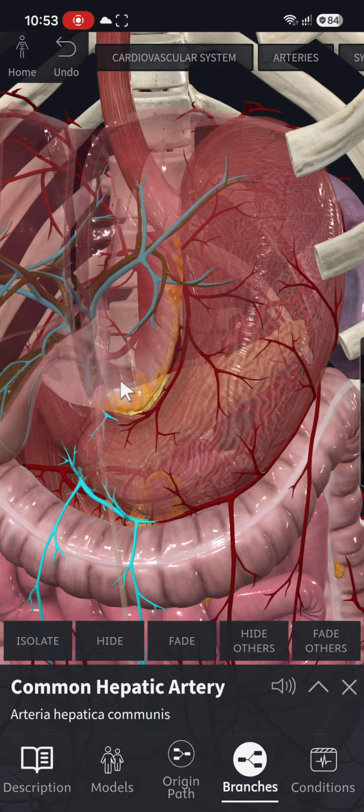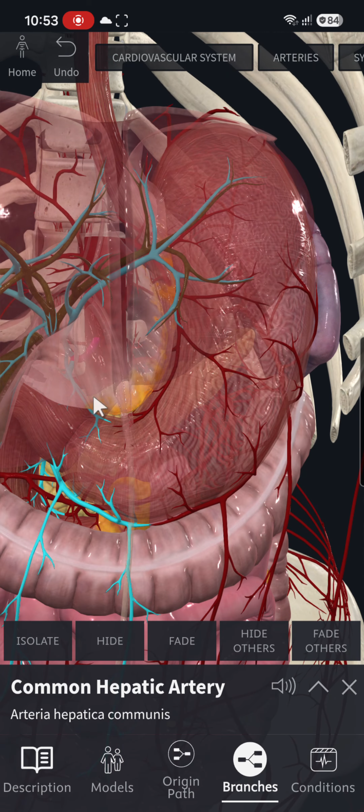This gastroduodenal branch will give off this artery, which is the right gastroepiploic. So now we know where the right gastric comes from and the right gastroepiploic comes from, right? Now we have the full vasculature of the lesser curvature and the greater curvature of the stomach, right?